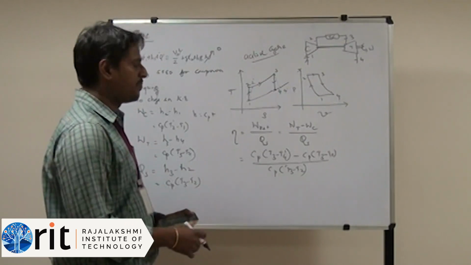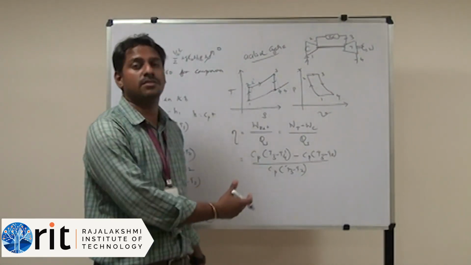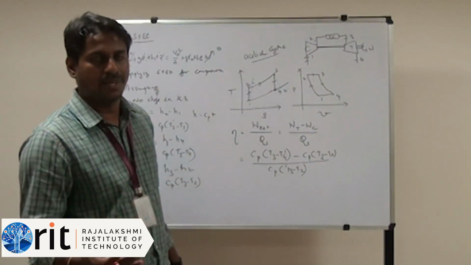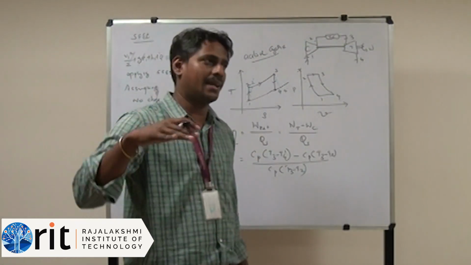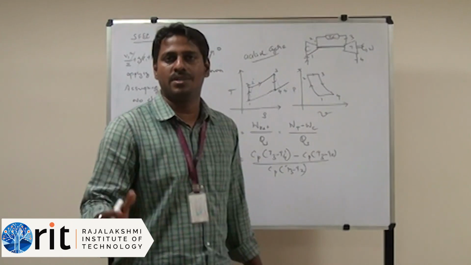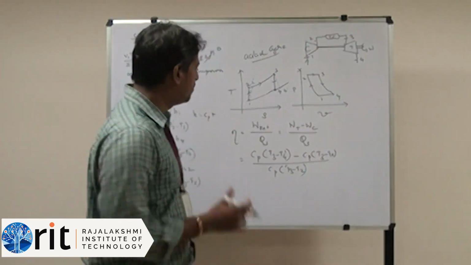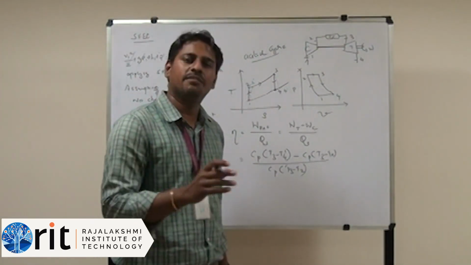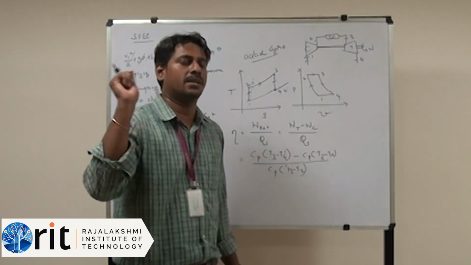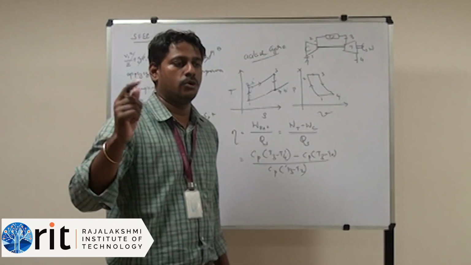And in the introduction itself, I discussed the applications of gas turbine power plants. Gas turbine power plants have a wide range of applications like avionics, that is airplane engines, and in marine applications for power generation in ships, etc. But considering the efficiency, gas turbine power plants have very minimal efficiency in comparison with diesel power and steam power. That is why people are going for cogeneration.